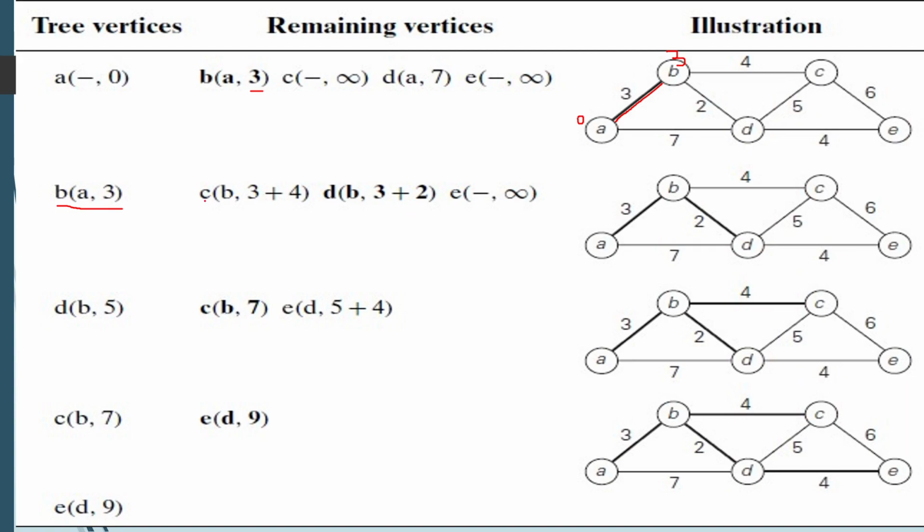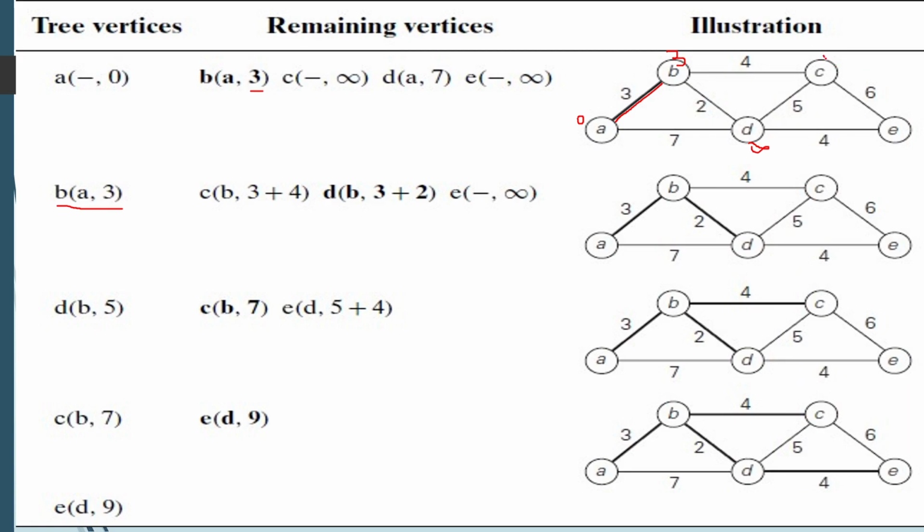For that, once again you have to list all those remaining vertices in the second column. Remaining vertices are what now? C, D, E. At present all these weights are infinities. C, D, E. Now same procedure.